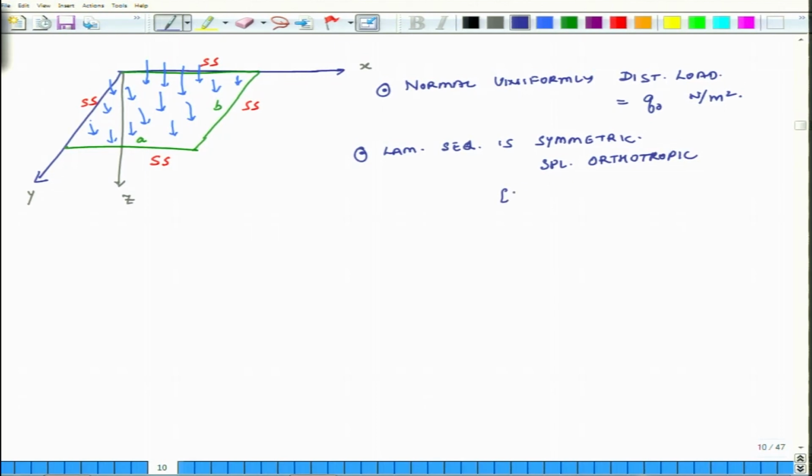Essentially what that means is that the B matrix is 0 because of symmetry, and also A16, A26, D16, D26, all of these are also 0. So, a simply supported plate, on all four edges, acted upon by a normal transversely distributed load, with a symmetric and especially orthotropic lamination sequence.